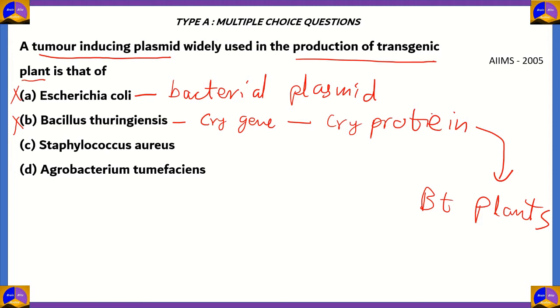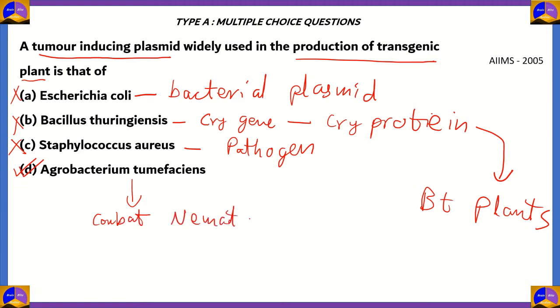Let's look at option C, Staphylococcus aureus. Staphylococcus aureus is considered a pathogen which is found in the buccal area as well as the laryngeal area of the body. So therefore option C is incorrect. The right answer is option D, Agrobacterium tumefaciens. This is a tumor-inducing plasmid which is used to combat nematode infestations.